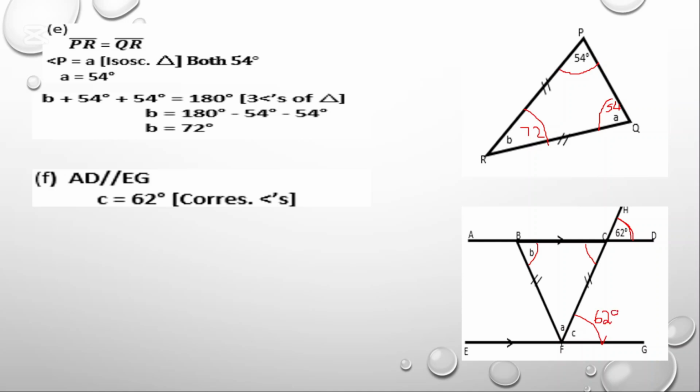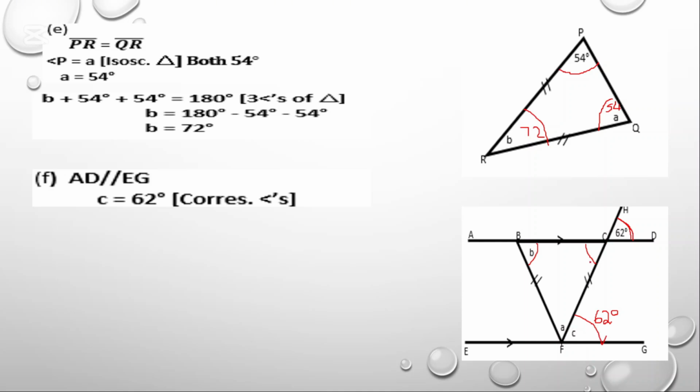Right, you can't go to A yet because C and A and this angle here, they are adjacent and they add up to 180. So no, not to A yet. But I can see a Z here. You see there? Alternate angles.